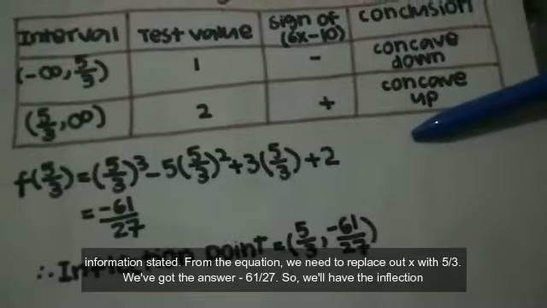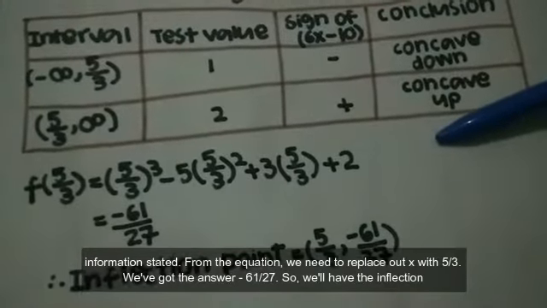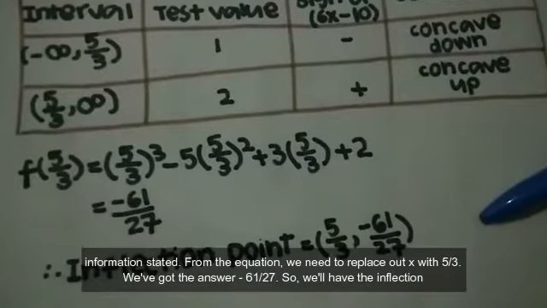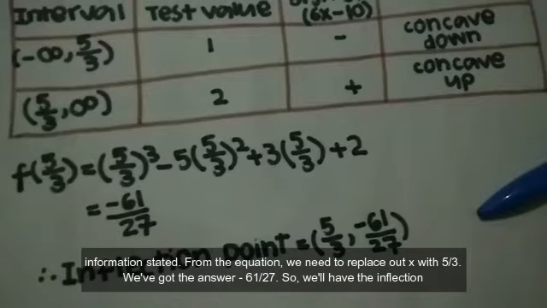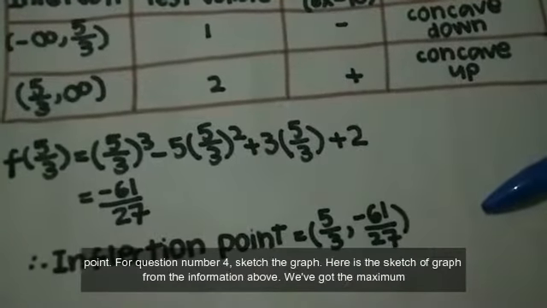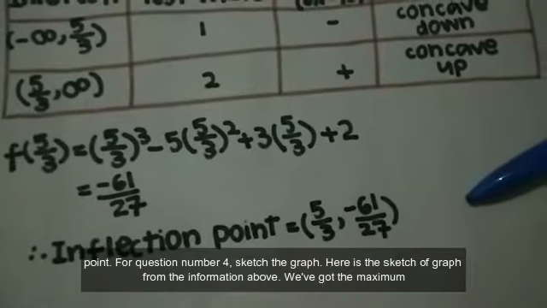From the equation, we need to replace our x with 5/3. Then we've got the answer -61/27. So we will have the inflection point (5/3, -61/27).